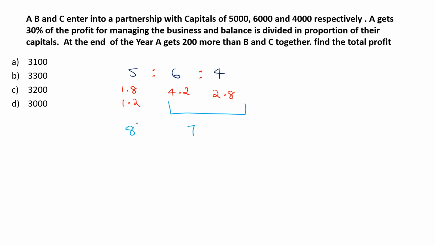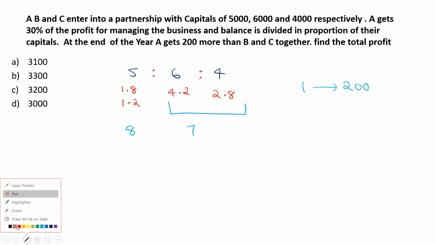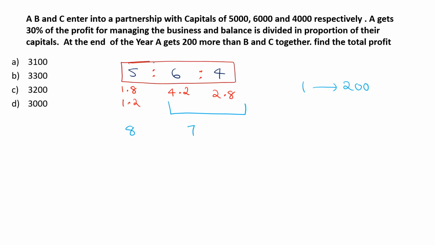The difference between those is nothing but 1 unit. That value of 1 unit is given as 200, and we need to find the total profit. The total profit would be 15 units. When the value of 1 unit is 200, then the value of 15 units would be 3000. Option D, 3000 would be our answer.